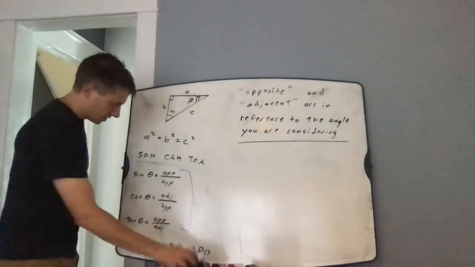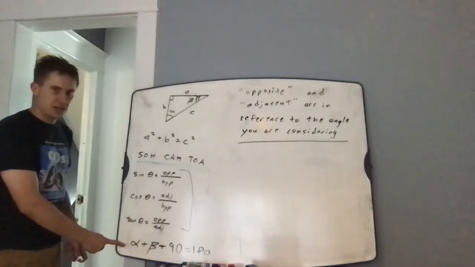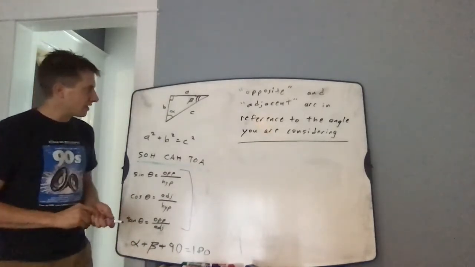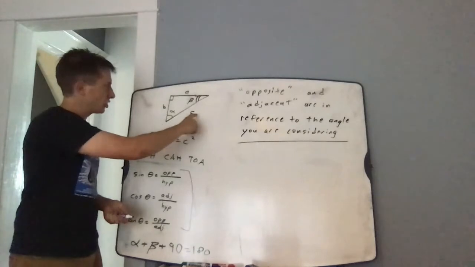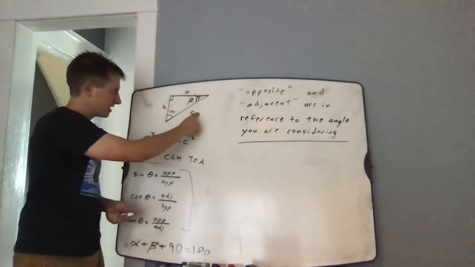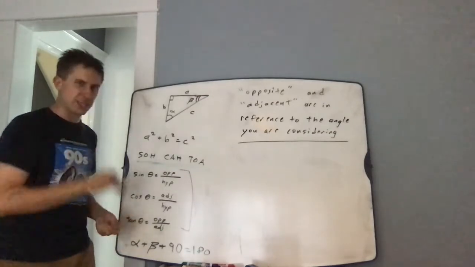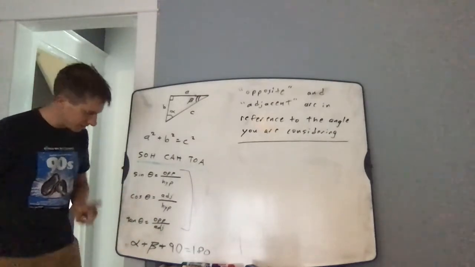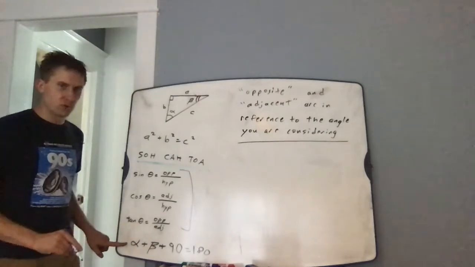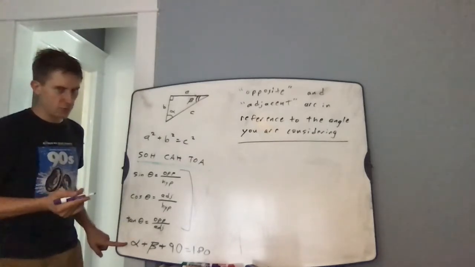One thing I also want to mention about this piece of information: I told you that if I give you two pieces of information, either the lengths of the sides of this triangle or the angles, you could find any of the other pieces of information using trig relations. It doesn't quite hold true if the two pieces of information I give you are the angles.